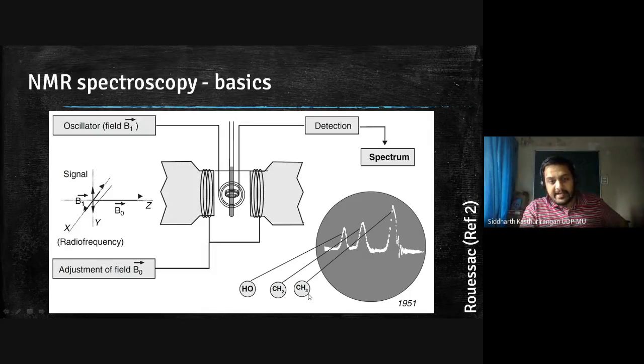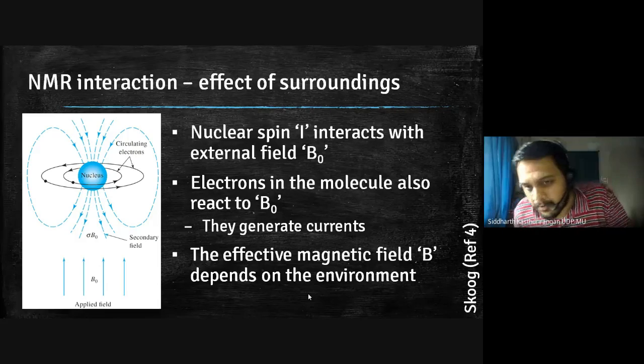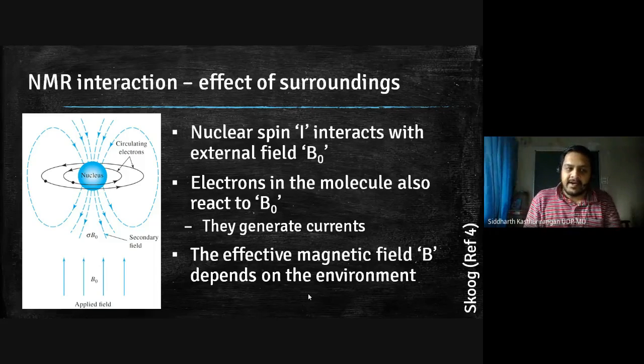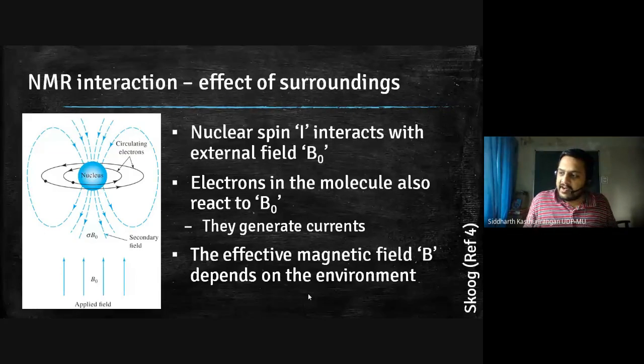This is a very, very interesting and actually very amazing thing, that the nucleus which is present, you don't expect it to get affected by anything, but it is affected by the surrounding environment, and therefore nuclear magnetic resonance spectroscopy can tell you how many different types of proton are there in that organic molecule, and what are the different situations in which they are placed.